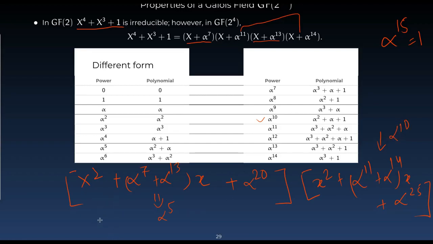So if I do all those things, then this multiplication will simply be equal to (x^2 + alpha^5 x + alpha^5)(x^2 + alpha^10 x + alpha^10), and we can multiply them further.